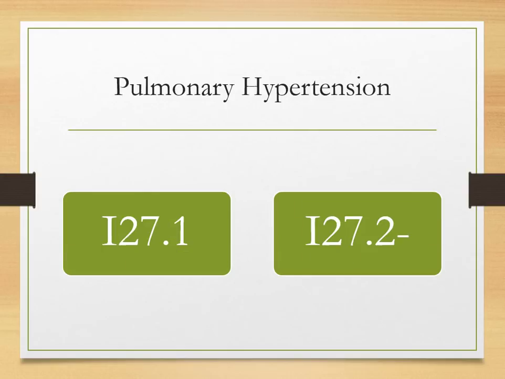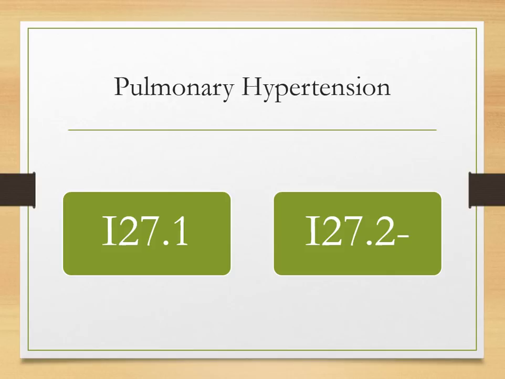All right, so next up, we're going to look at pulmonary hypertension. Pulmonary hypertension is classified to category I27, which is other pulmonary heart diseases. In those situations, when your patient has secondary pulmonary hypertension, you're going to be using I27.1 or I27.2 code family.